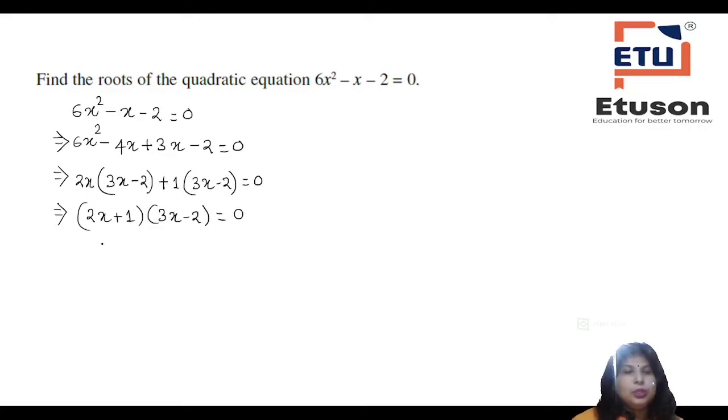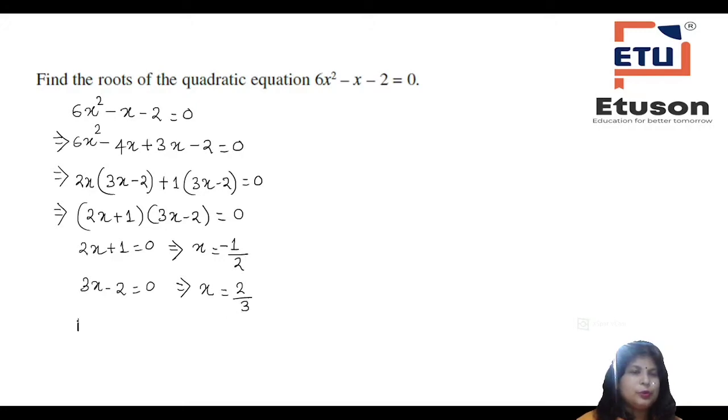Now what you should do? You should equate the individual factor to 0. So 2x plus 1 is equal to 0. It implies x is equal to minus 1 divided by 2. Similarly, if you take 3x minus 2 is equal to 0, it implies x is equal to 2 divided by 3. So what are the roots of the equation?